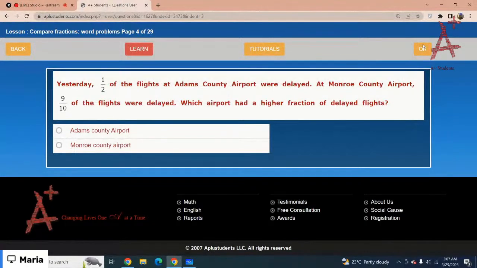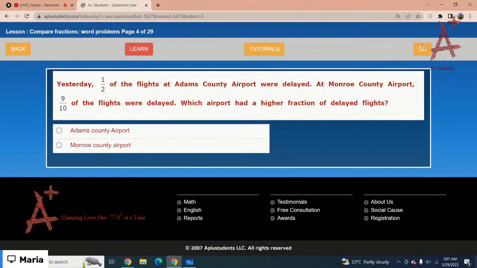Okay, yesterday half of the flights at Adams Country Airport were delayed. At Monroe Country Airport, 9/10 of the flights were delayed. Which airport has a higher fraction of delayed flights? Half of the flights means 50% of the flights.